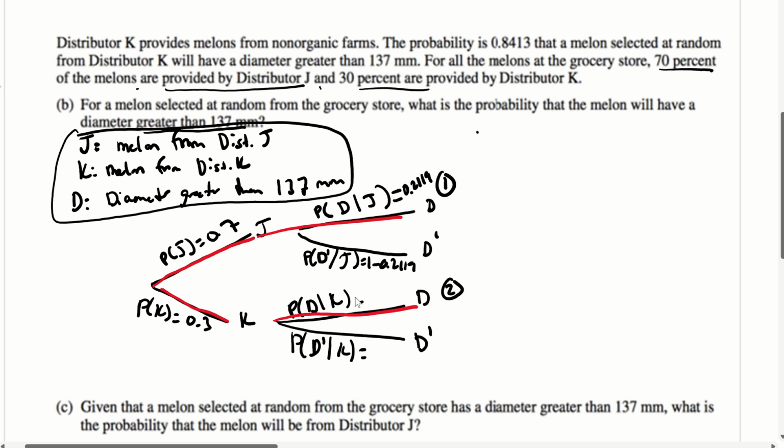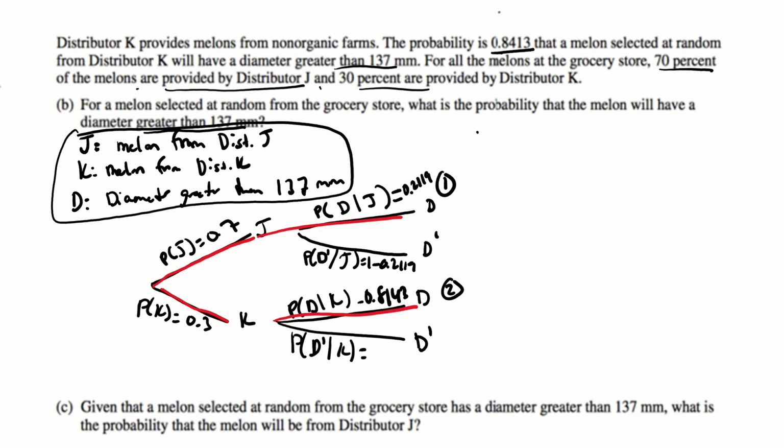And the probability of D given K, well, they said for all of the melons of the sower, the probability is 0.8413 that the melon selected at random will have a diameter greater than. So that's this one right here, and this is 1 minus that. Okay, so we don't care about those other pathways though. We only care about 1 and 2.